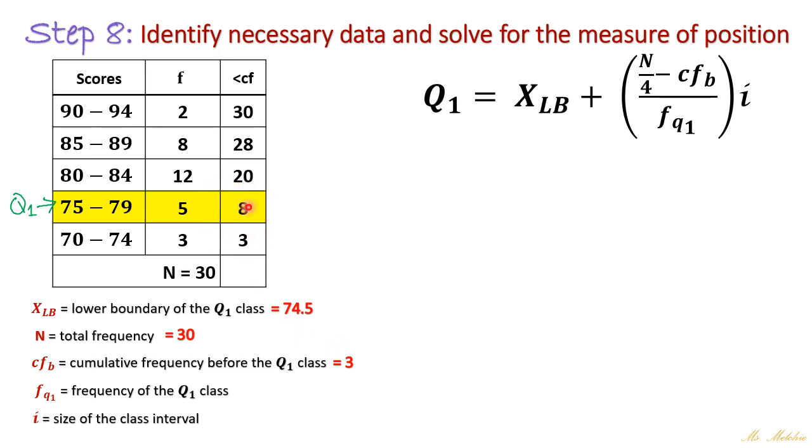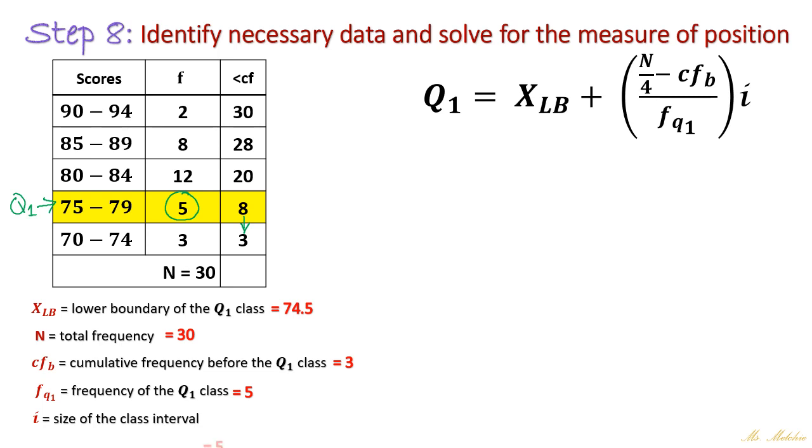Our Q1 class is this one, the one with the yellow highlight. You just simply look at the cumulative frequency before or below, so that means this one. So it's 3. Next is the frequency of the Q1 class. As you can see here, our Q1 class is this one, and the frequency is 5.